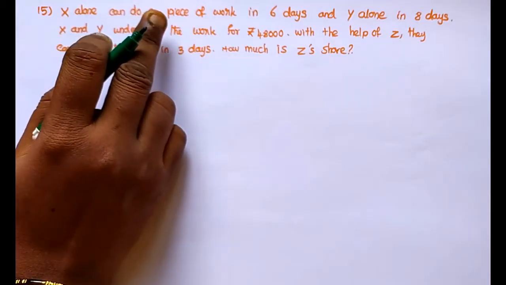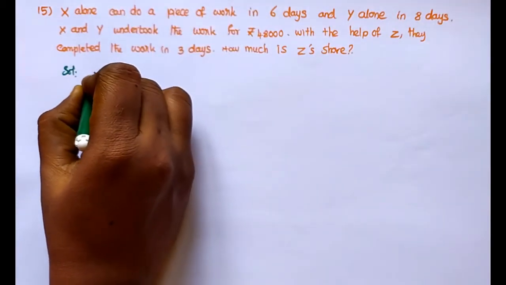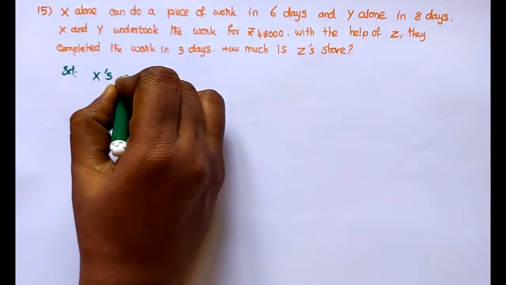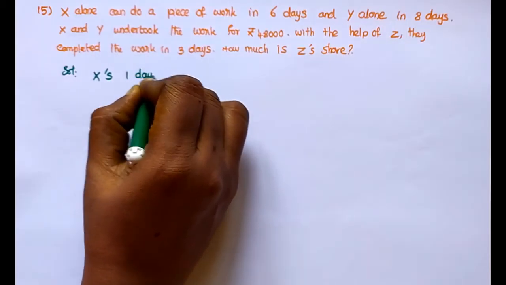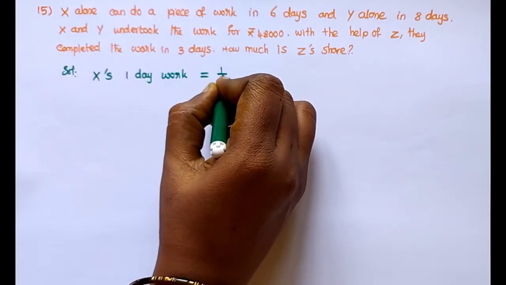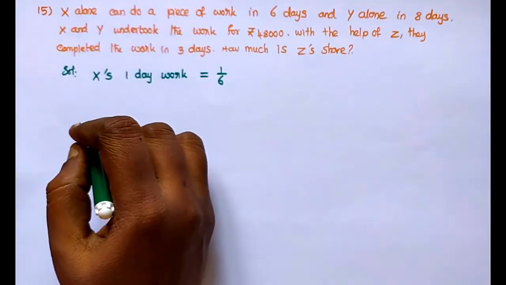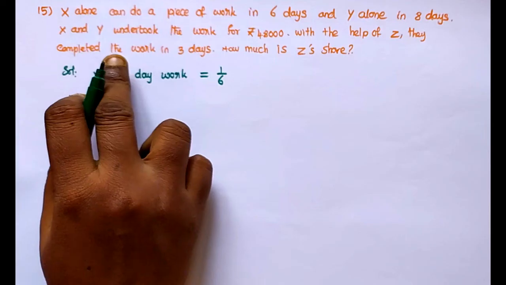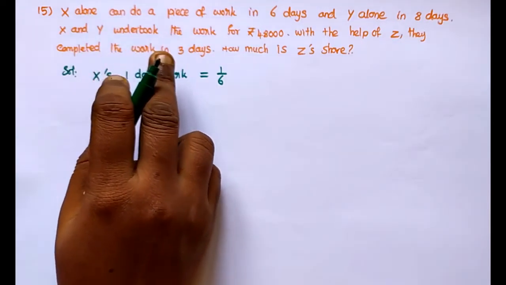X alone can do a piece of work in 6 days. So X's 1 day work equals 1/6. Now X and Y completed the work in 3 days.